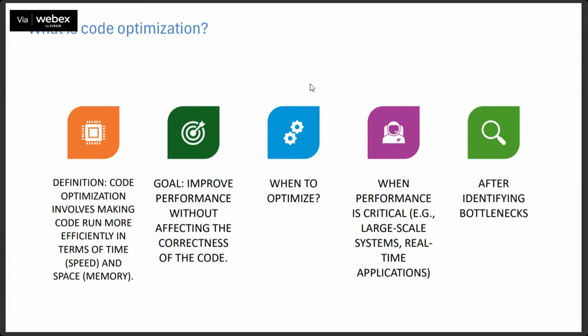It might be used once in a month, or only during the onboarding process, so it might not be invoked too much, and we might not have to spend too much time optimizing those. Then, when is performance critical? In the case of large scale systems and real time applications.